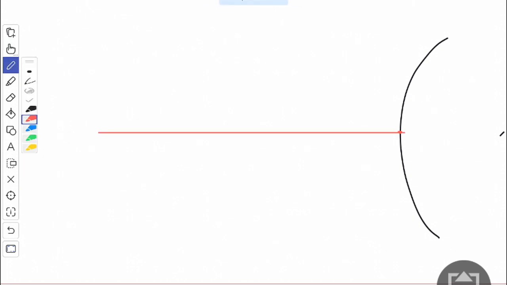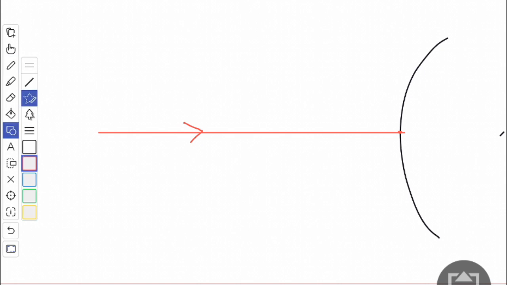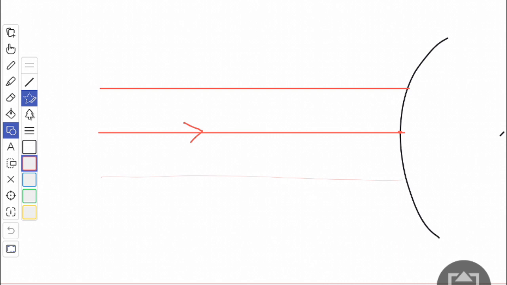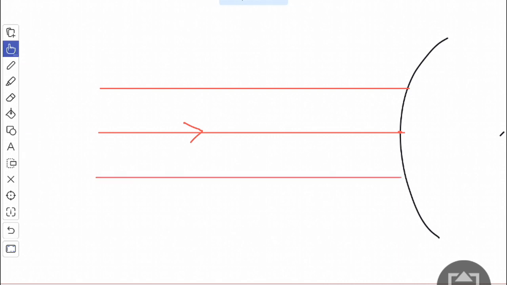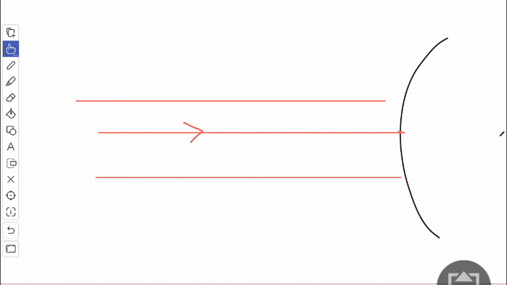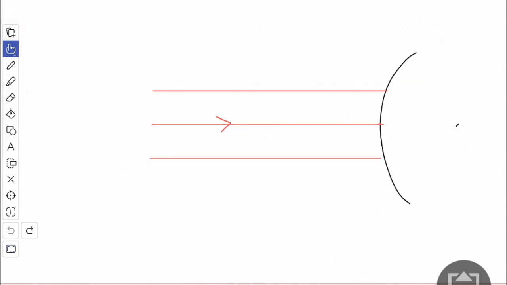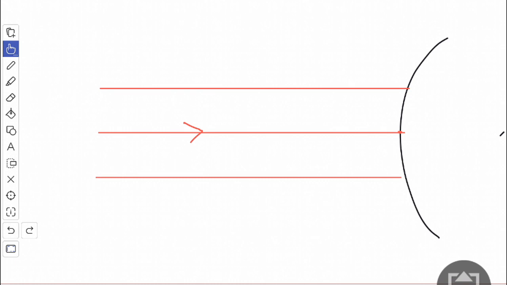So this is one ray. Let's draw a few more. I'll draw one here, and we'll draw one here. Let's draw only three for now.